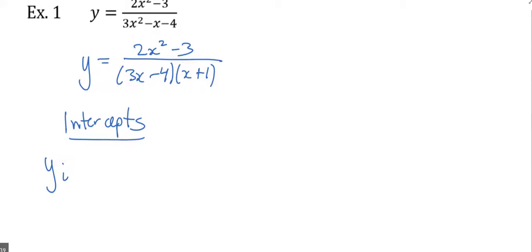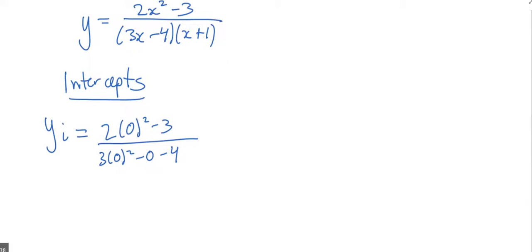How do we find the y-intercept? Thank you. So which one do you want to sub into? Probably standard form, but I don't know. Because all the x parts go away and you get -3 over -4, which is 3 over 4.